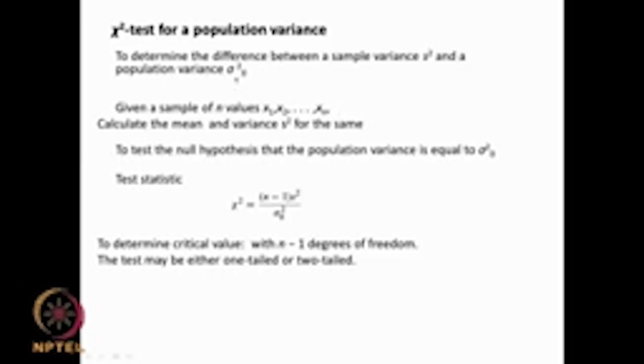Then I can compare it with the population variance sigma square. The null hypothesis is that they are the same, the sample is from the population, or the alternate is that they are not from the same population. The test statistic is chi square equals n minus 1 times s square divided by sigma naught square, where n is the number of data points, s square is the variance of the sample, and sigma naught square is the variance of the population.